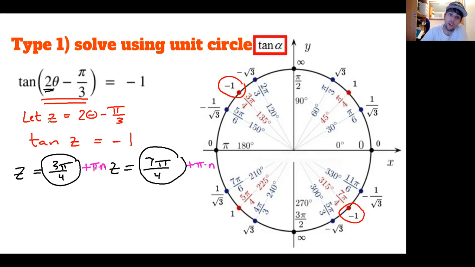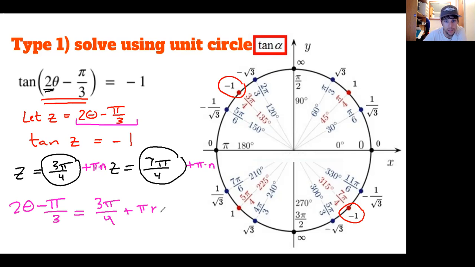We have to unsubstitute, so we replace z with this. We say let 2 theta minus pi over 3 equal 3 pi over 4 plus pi n. You can see how this is going to get a little messy, but that's okay. We would add pi over 3 to this.